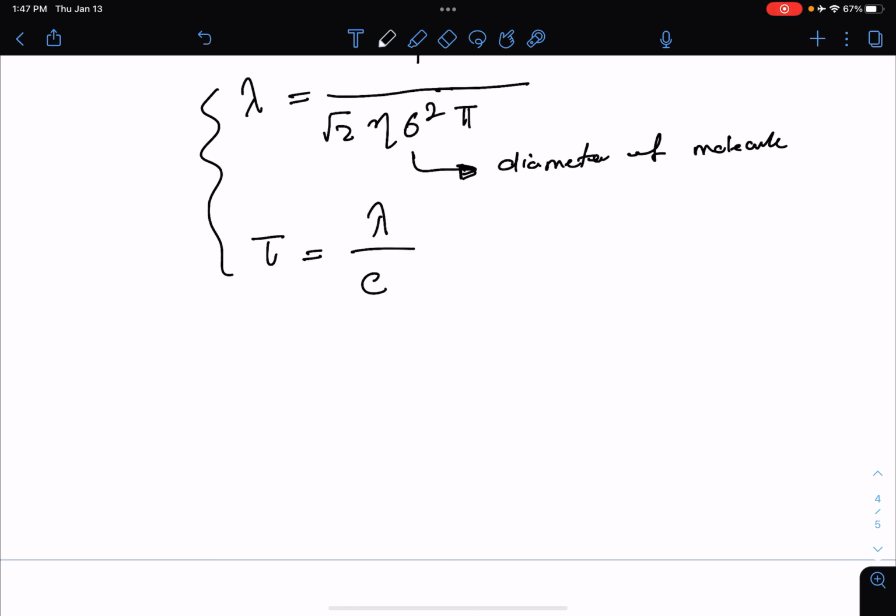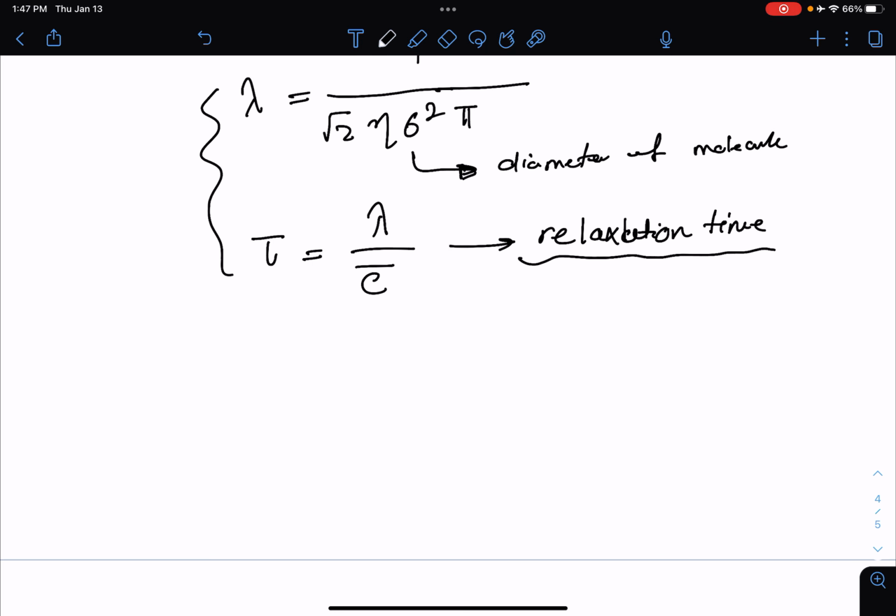Lambda divided by the average speed. This is called the relaxation time. And 1 over this tau is going to give us a representation and understanding of collision rate.